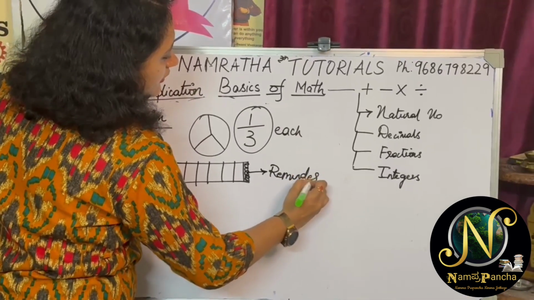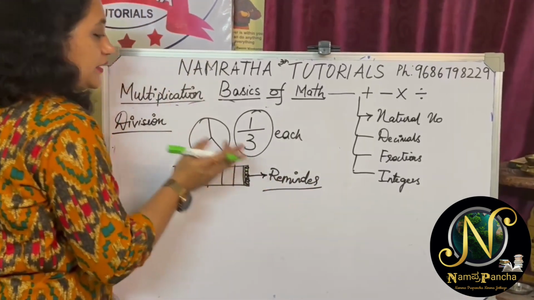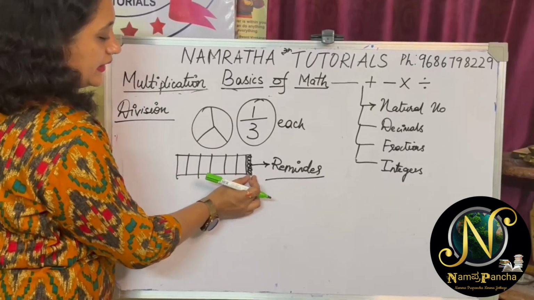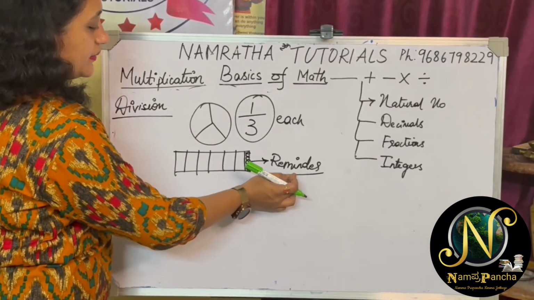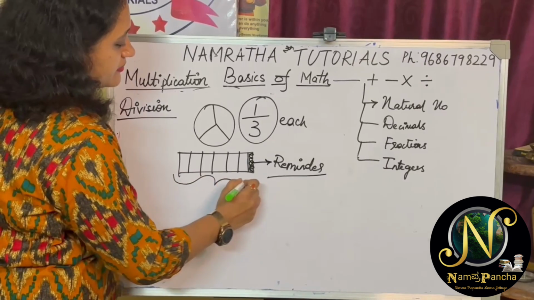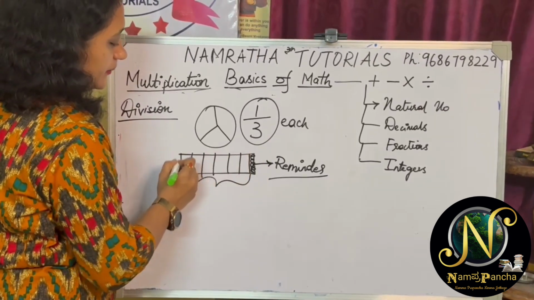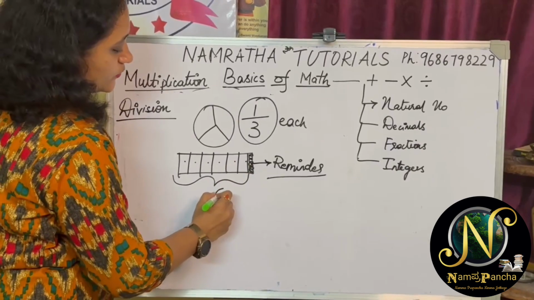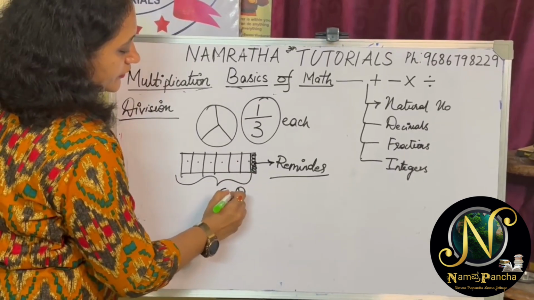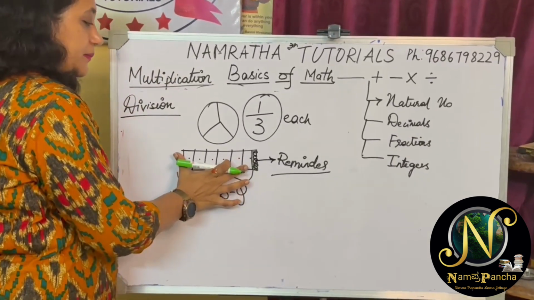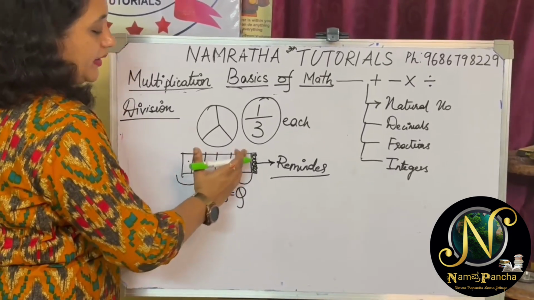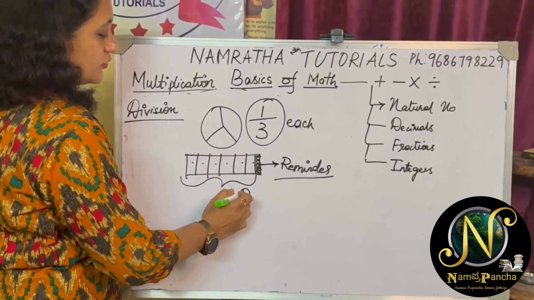So when we divide one number by another number, if we are not able to divide it into equal parts, lastly a small part will be left behind. That's called the remainder. And how many times I was able to divide this complete block, that is 1, 2, 3, 4, 5, 6, this will become the quotient. That means I'm able to divide this complete block into 6 equal parts. So this is called the quotient.